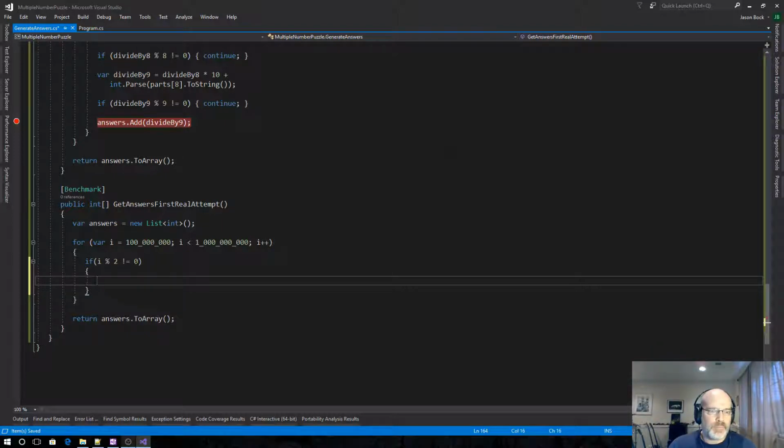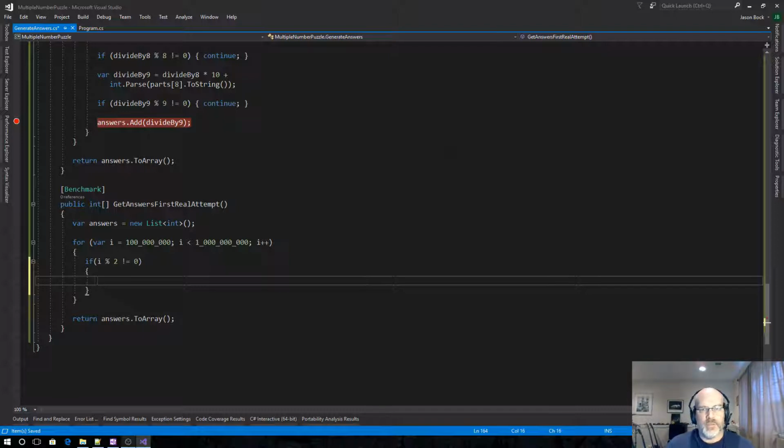Because if you get to the 9, that means it has to be odd to be divisible by 9. So if the whole thing is at least 9 digits divisible by 2, you can already stop. It's not going to be the answer. Okay, I think that's right.